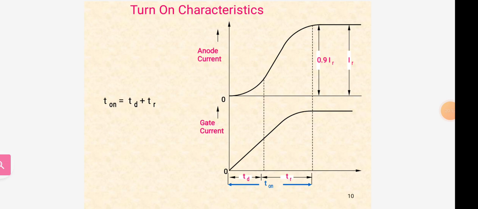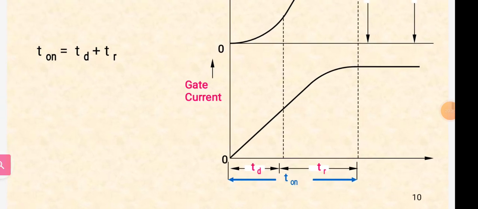Here Td is the delay time and Tr is the rise time. It has the x-axis and y-axis. In the y-axis, above the diagram it takes the anode current, and below the diagram it takes the gate current, and also it has the time. Here in the x-axis it has the Td time, that is the delay time, and Tr is the rise time.